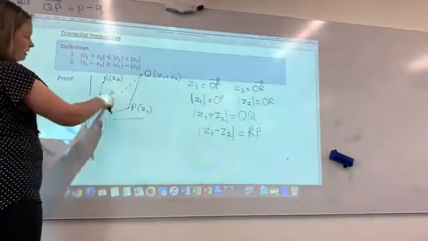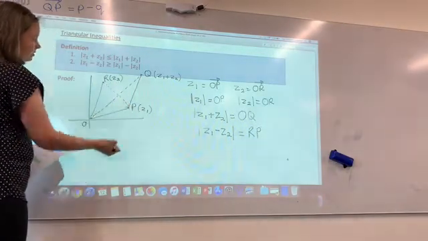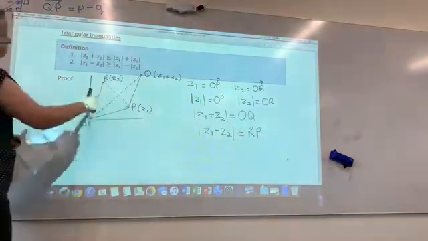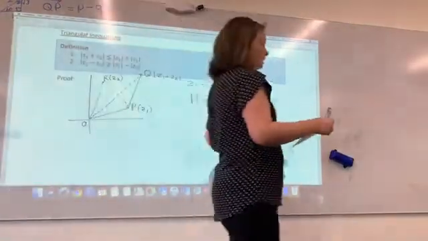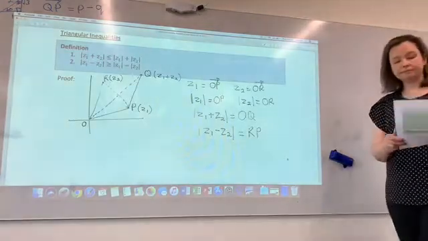So thinking about going back from Z2 to Z1, we're going from R to P. This is the sort of notation that I'll be using to have a look at this next part.